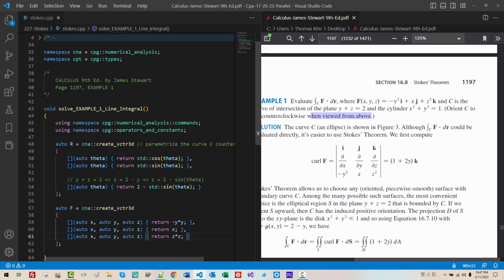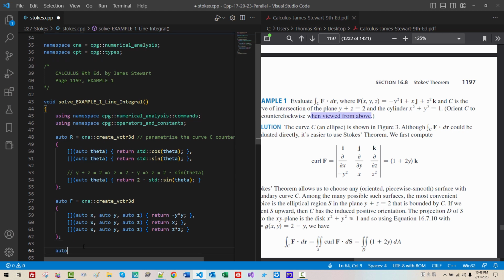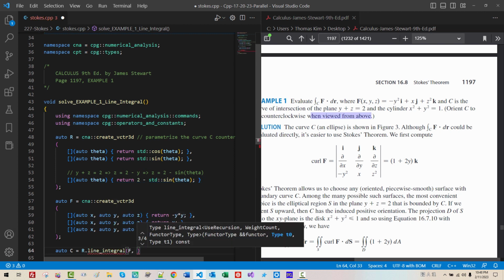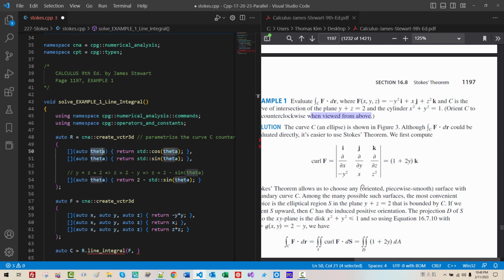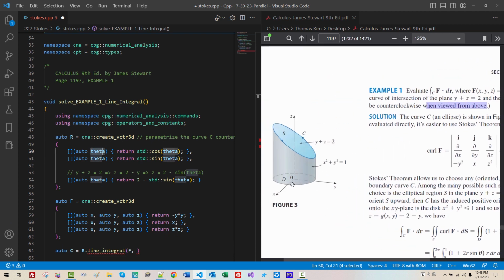We defined the parameterization R, also vector F. We can do the line integral like this, C R line integral. We pass F, then the range of theta. In this figure, theta is the angle from the x-axis around the circle at the bottom.